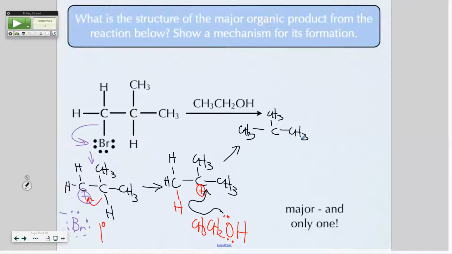Okay, that's where I was. Now I have a bond to the O. Okay, and what else is on that O? CH2CH3. And what else? That hydrogen. Okay, what else does that O need?